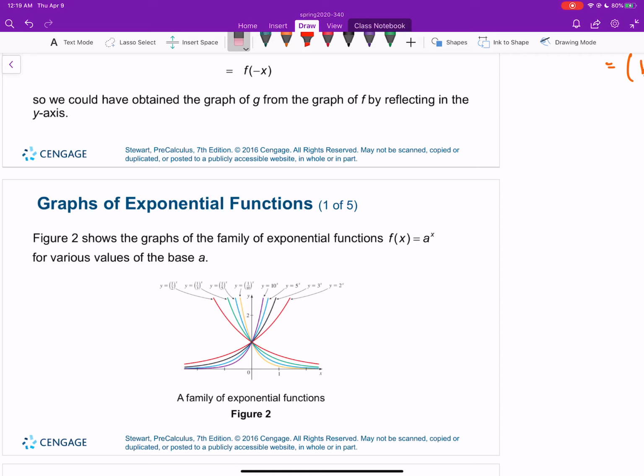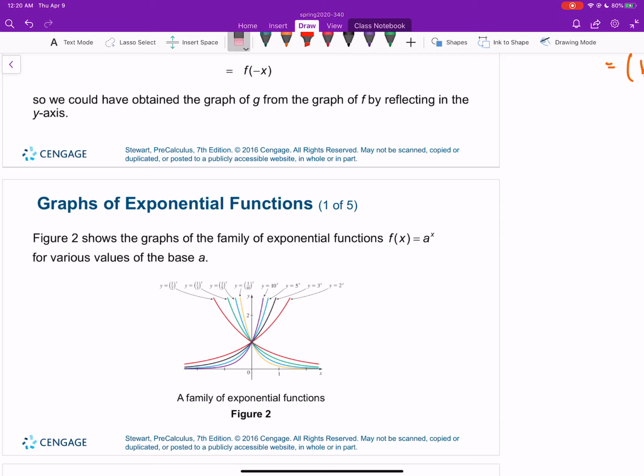Whereas if you look on the left side of the graph, if you have 1 over 10 as the base, 1 over 5, 1 over 3, 1 over 2, now the smaller the base is, as a fraction, the closer it is to the what? To the y-axis. So if your whole numbers are getting bigger as a base, you are getting closer to the y-axis. If your fractions are really small, they are getting closer to the y-axis.